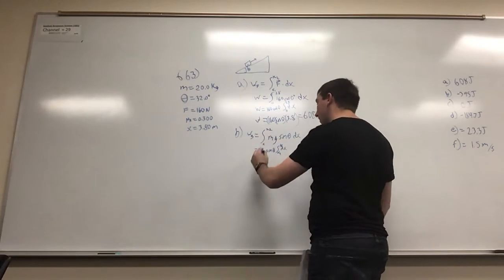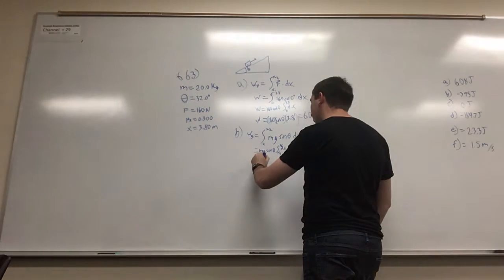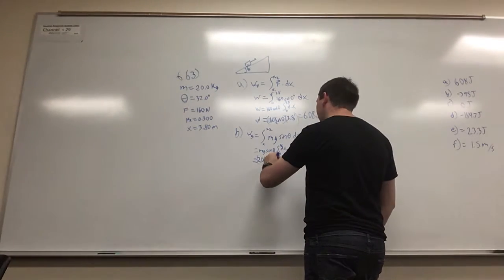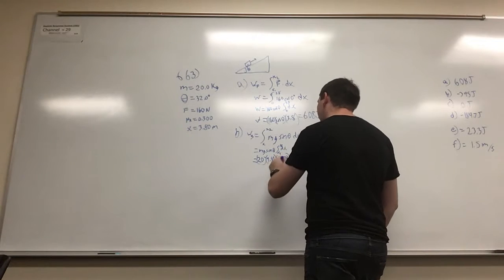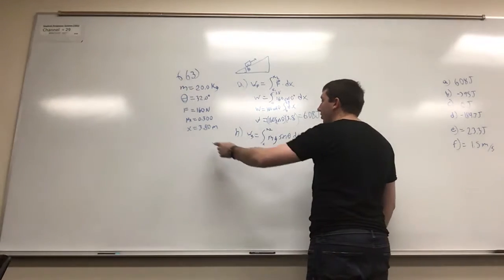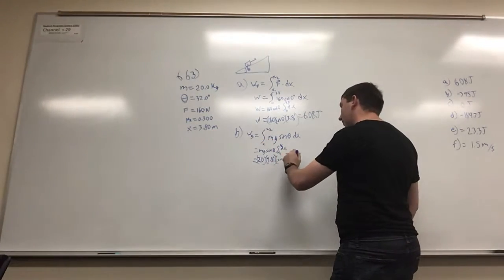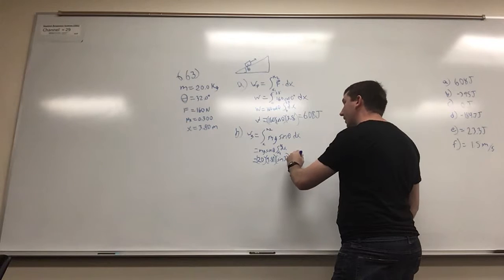Then you just plug in your variables. So the mass of the suitcase is 20 kilograms times 9.81 times sine 32 degrees times 3.8, because 3.8 minus 0 is 3.8.